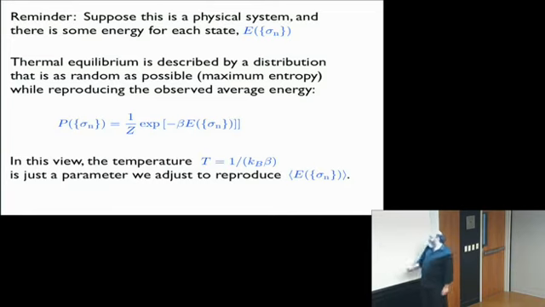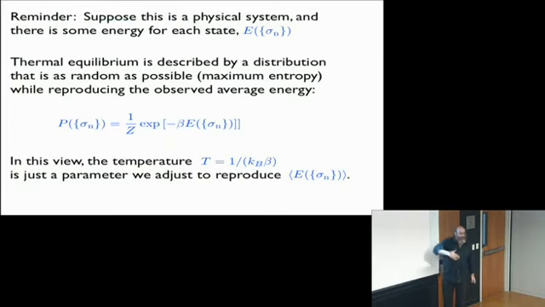Now, we know that it has a name. It's called the temperature. And we tend to think of that as having physical significance. But you can sort of trade between the temperature and the average energy. And you realize then that to finish the construction, you have to do the inverse of statistical mechanics. The usual thing in statistical mechanics is I would tell you the temperature, you would compute the energy, or its derivative, the specific heat.